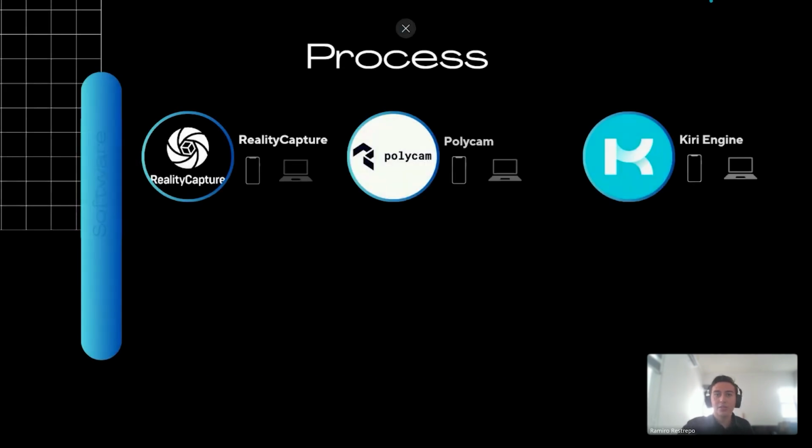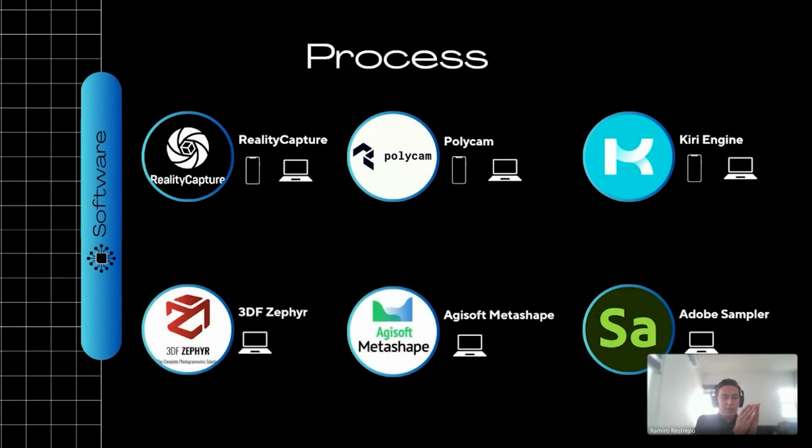Well, after the process of taking our photos, we have to process them in different 3D programs. These 3D programs are available on laptops, computers, and cell phones. The programs are Reality Capture, Polycam, Kiri Engine, Agisoft, and Adobe.